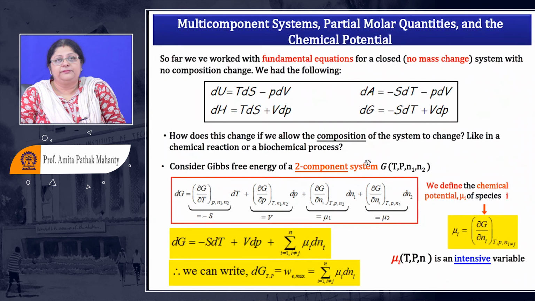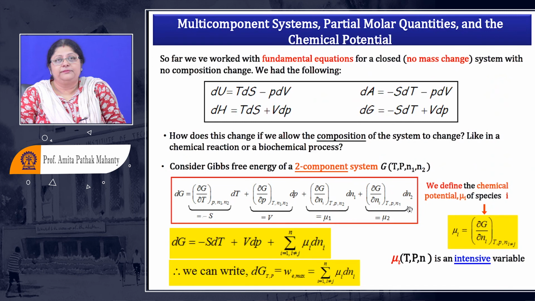Now what we have to account for, being an open system, is G changing with the number of moles. So you just see temperature and pressure being constant and the other mole also being constant. You differentiate G with respect to the number of moles of one component, and here we have N2 being the second component.